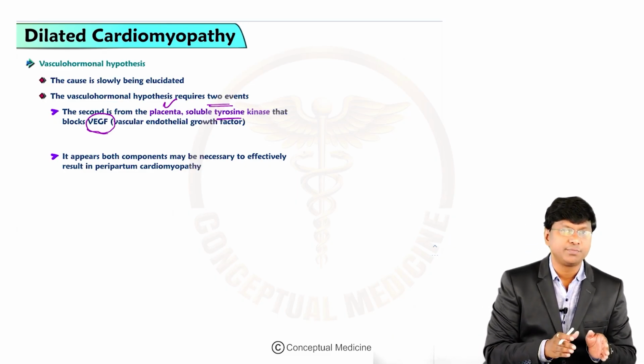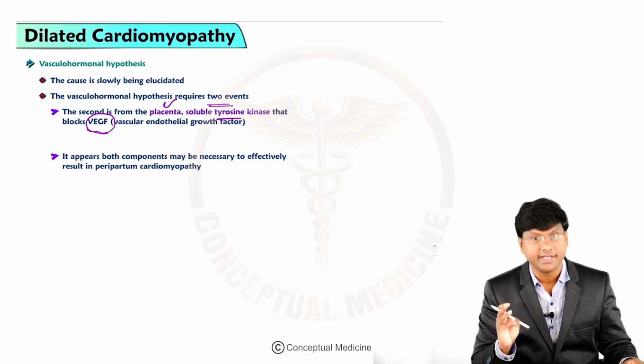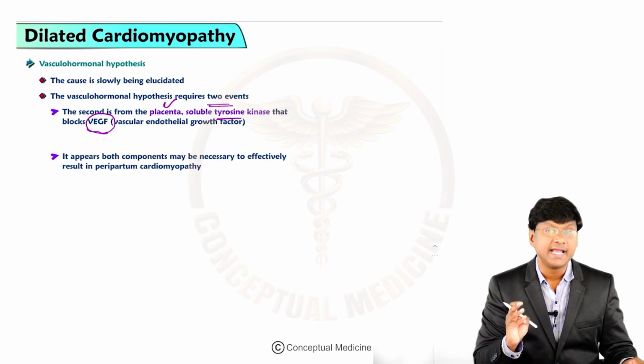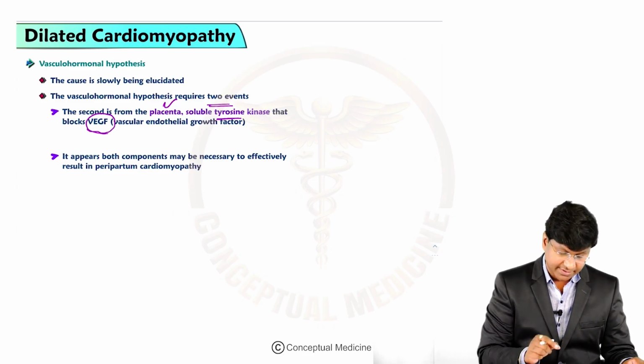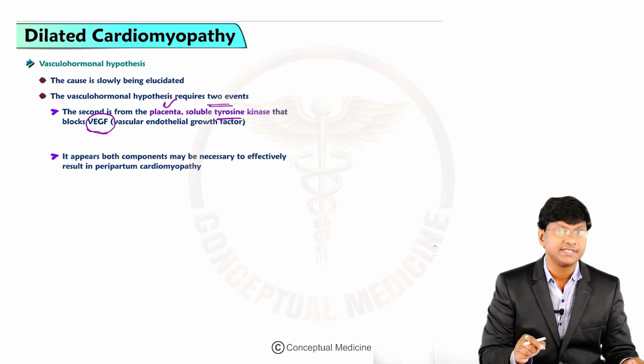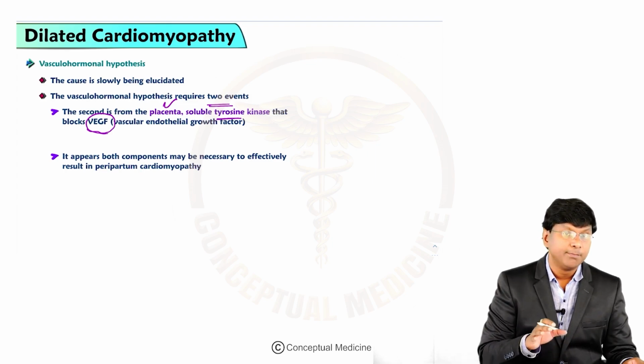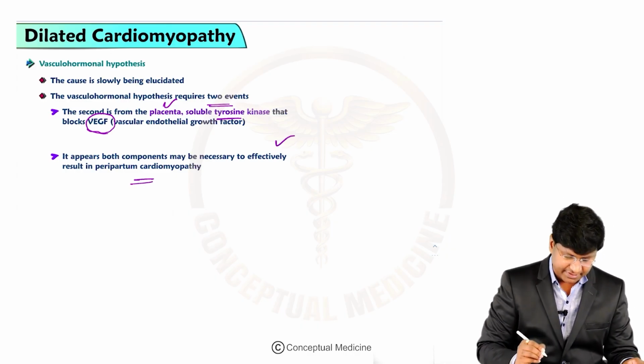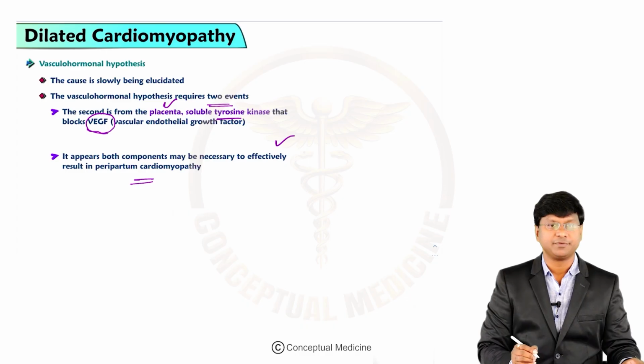So both these components, the reduction in STAT3 transcription factor and the release of the tyrosine kinase from the placenta, may be necessary to effectively result in the development of peripartum cardiomyopathy.